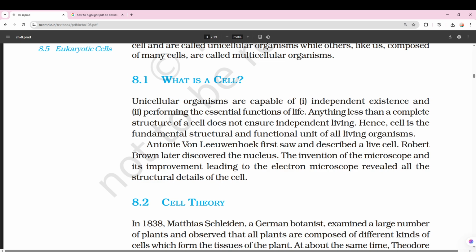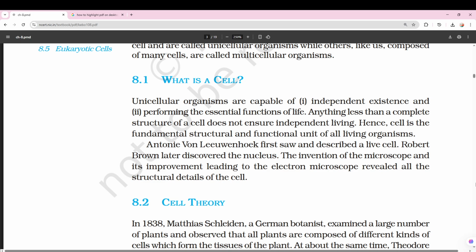Unicellular organisms are capable of independent existence and performing the essential functions of life. Anything less than a complete structure of a cell does not ensure independent living. Hence, cell is the fundamental structural and functional unit of life or living organisms.